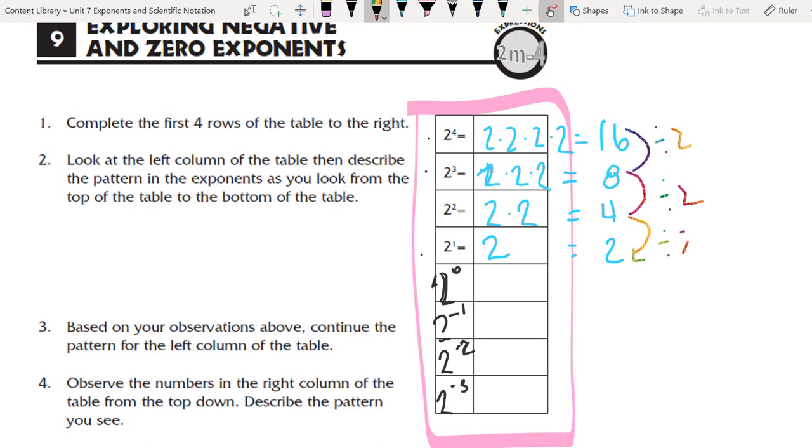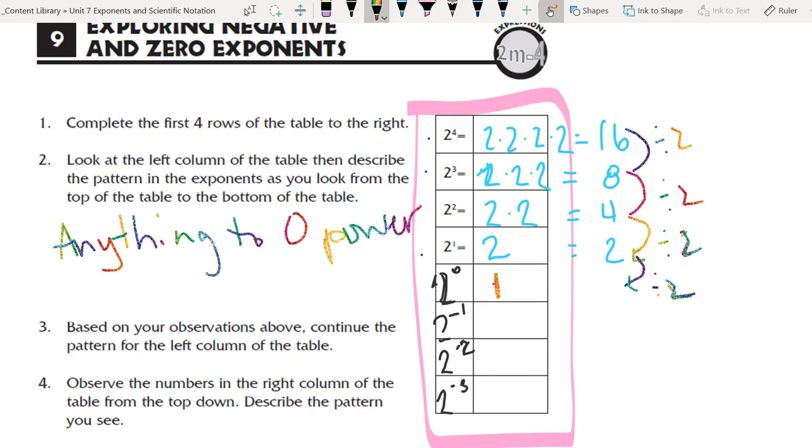From 4 to 2, we divided by 2. So to get to 2 to the 0, this is just another proof. 2 divided by 2 is 1. Okay? So we can say that anything to the 0 power is 1.